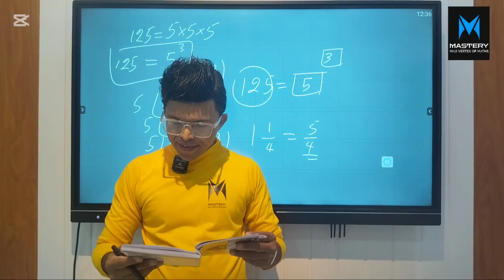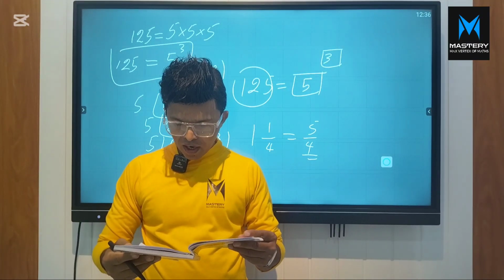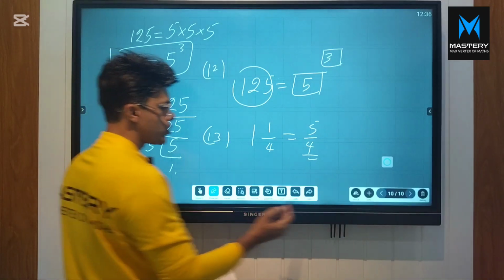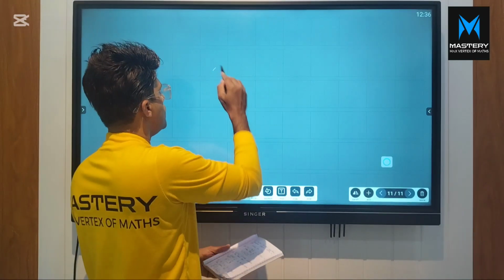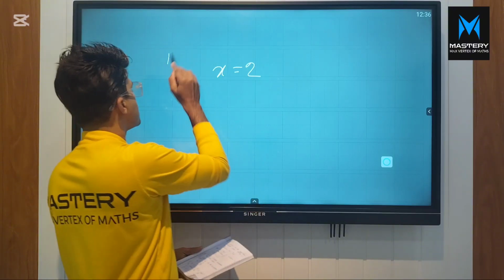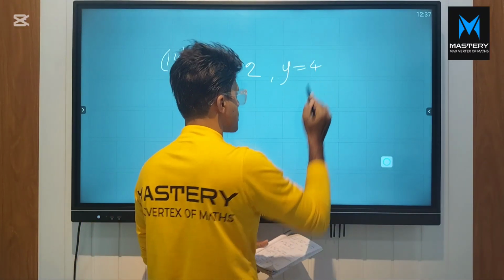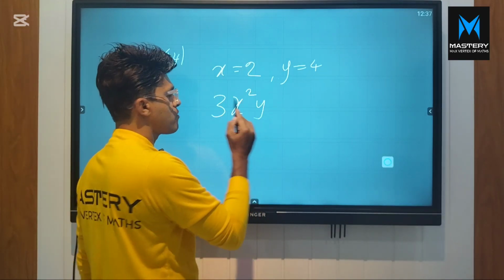Okay, next one. This is the 14th question: x equals 2 and y equals 4. You need to find the value of 3x squared by y.